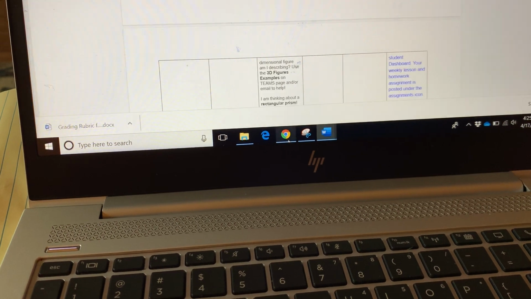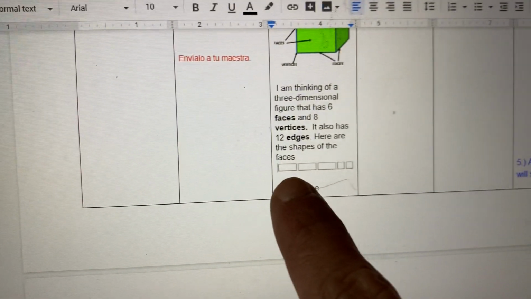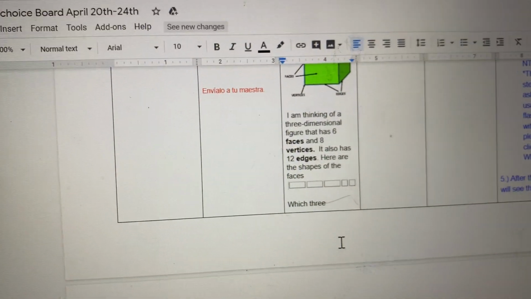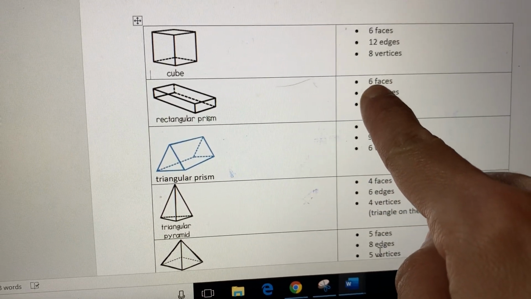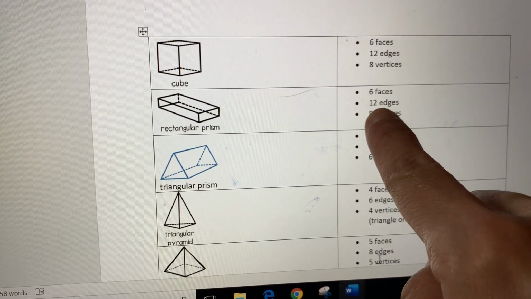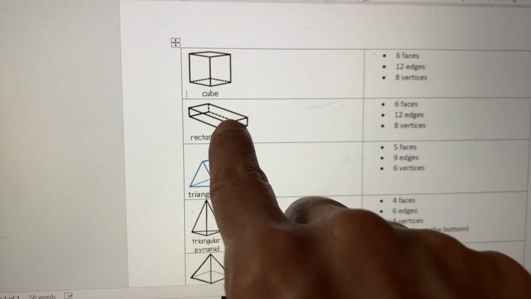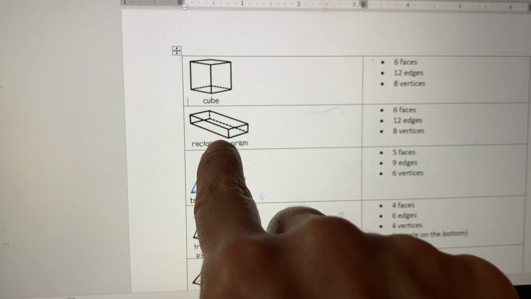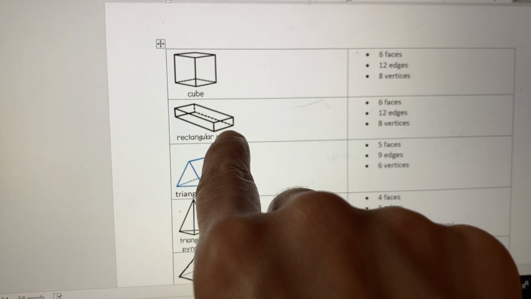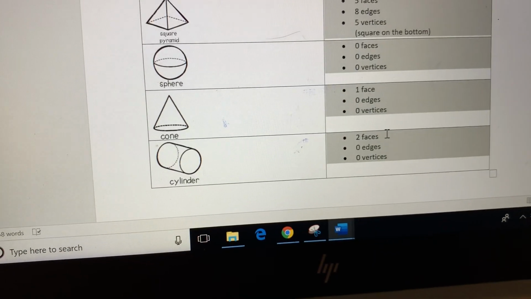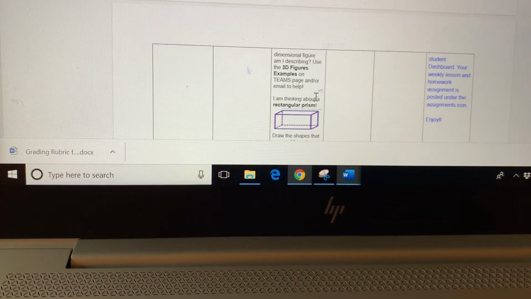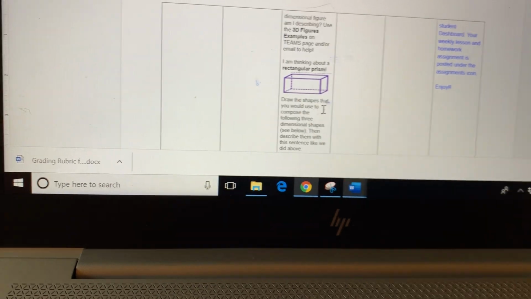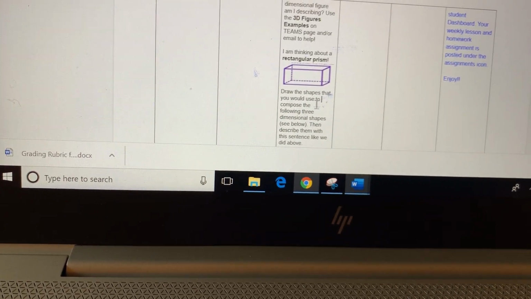And it's gotta have those shapes, those rectangles and those squares. Let me go back and look. Oh, I see it. Look, 6 faces, 8 vertices, 12 edges, and look, there's a rectangle on the top, on the bottom. This guy does have some rectangles on the side, but that's the closest one. So we're going to go back. There it is. A rectangular prism, okay?